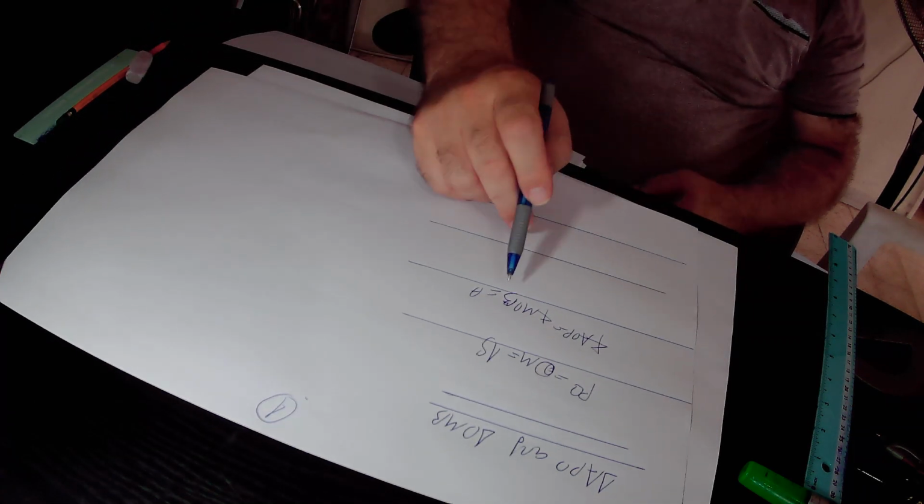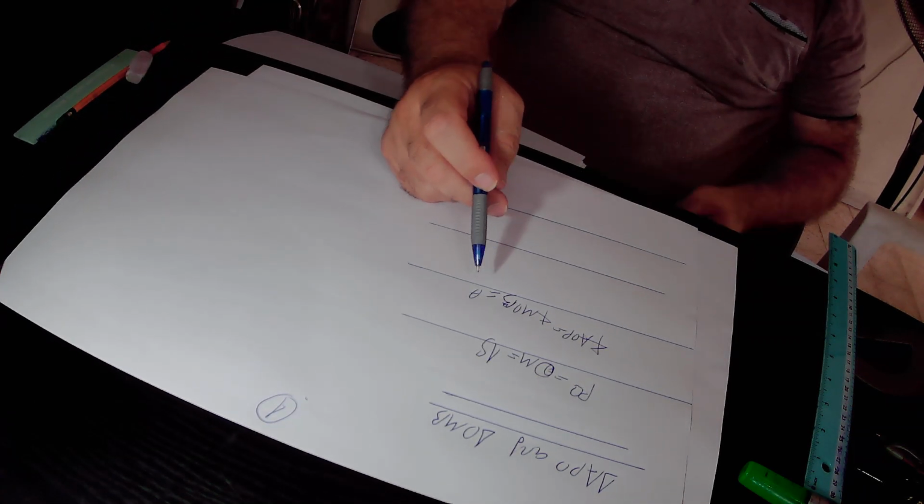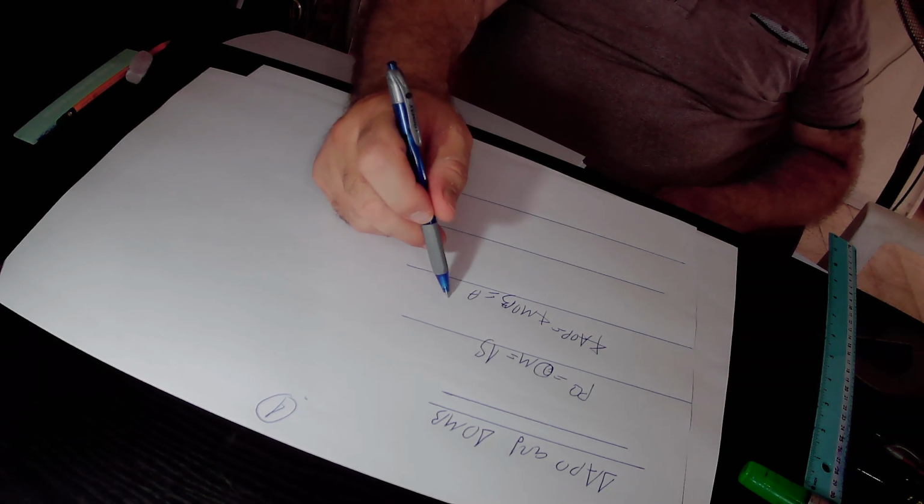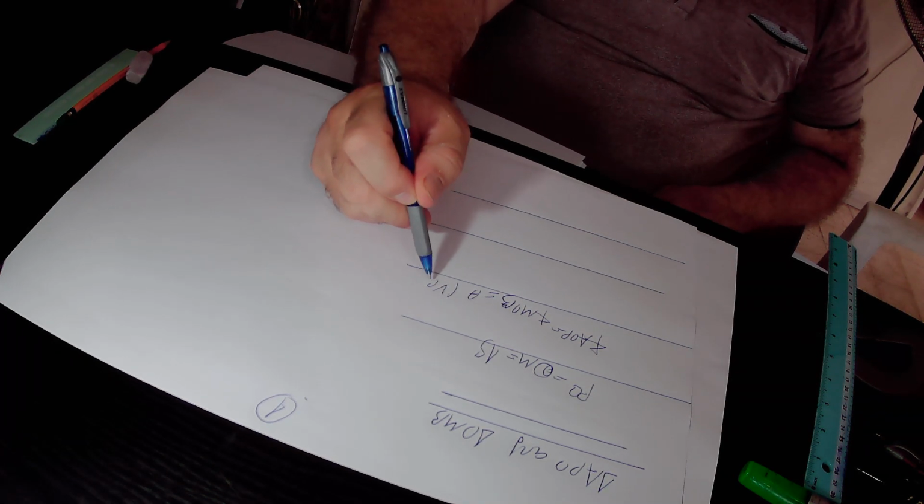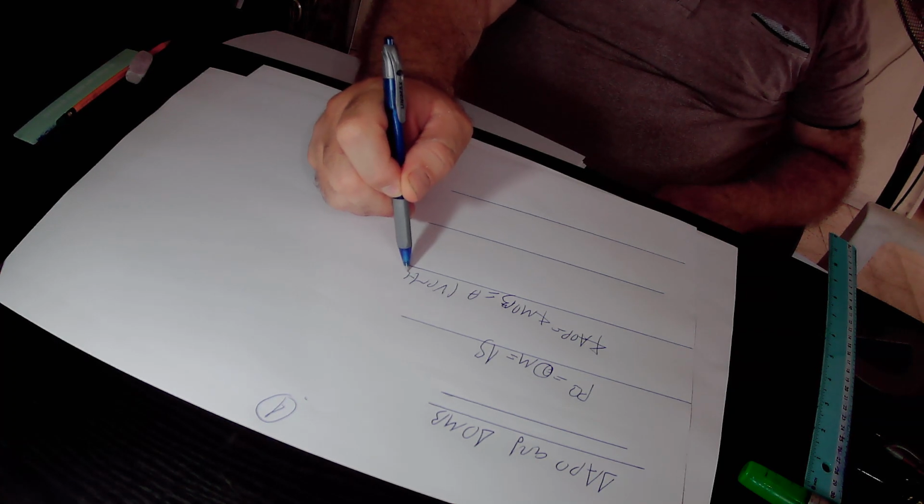Angle AOP equals angle MOB, they are both equal to theta. Actually they are equal according to the rule that vertical angles are equal to each other.